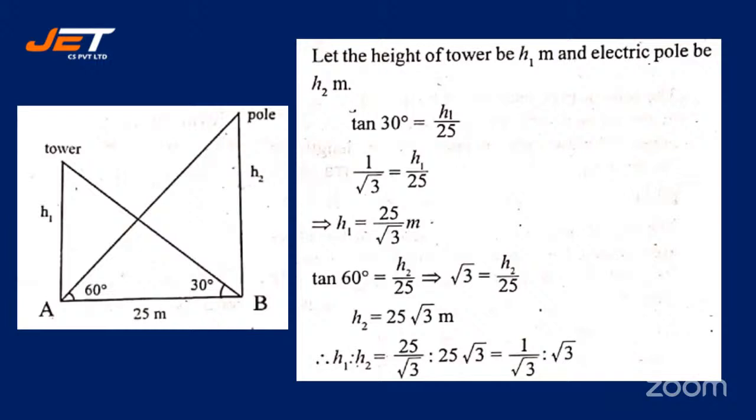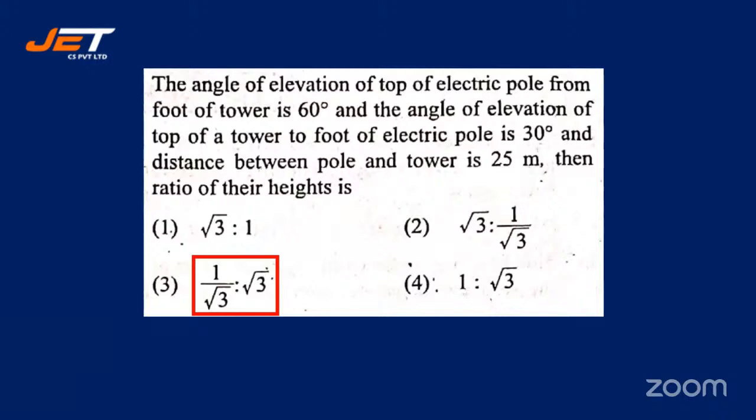Tan 60 is opposite side by adjacent side h2 by 25. So tan 60 is root 3, which gives you h2 is equal to 25 into root 3. So h1 is to h2 is 25 by root 3 is to 25 into root 3. So it is 1 by root 3 is to root 3. All right. So here your option 3 is correct.